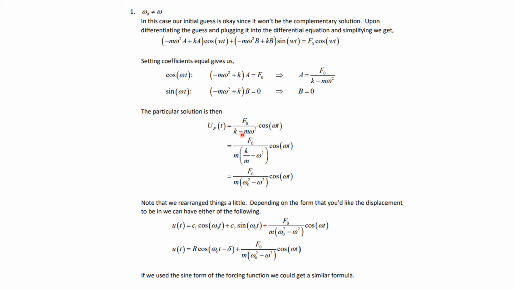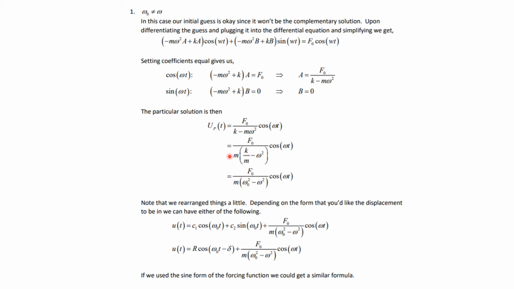So our particular solution is just a times the cosine of omega t. I'm doing a little algebra here, factoring out an m and calling k over m omega 0 squared.